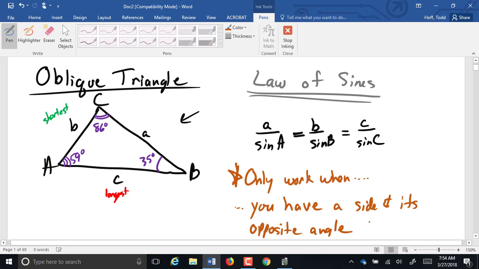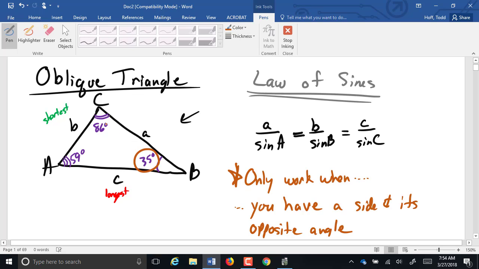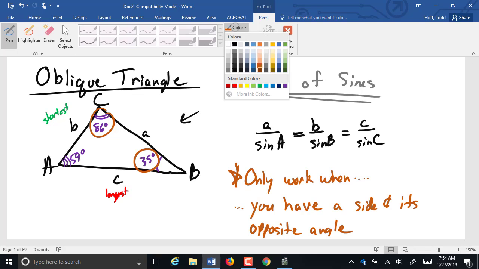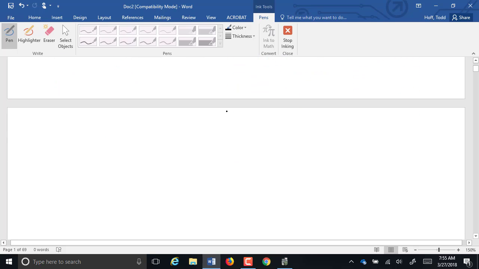In the triangle I have drawn here right now, I gave you all three angles, but I didn't give you any sides, did I? Wouldn't work really well in that triangle. In fact, I only gave you two angles, didn't I? I gave you these two, and we found the third one. So we're going to go case by case basis here with some examples.